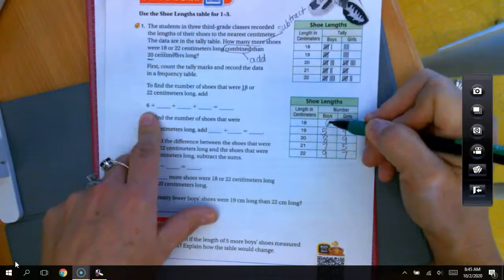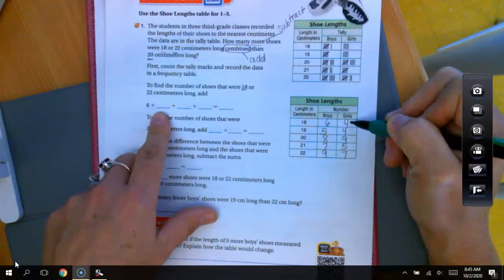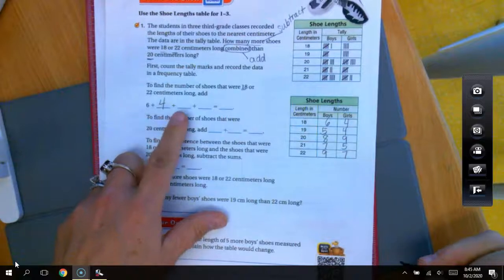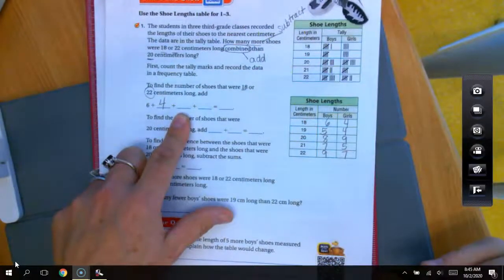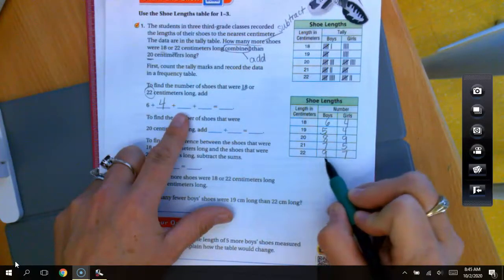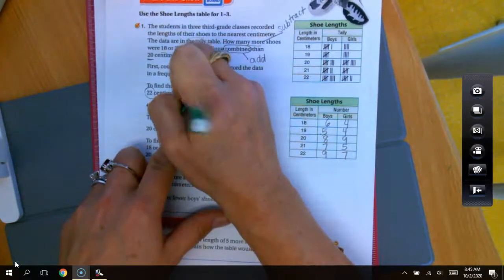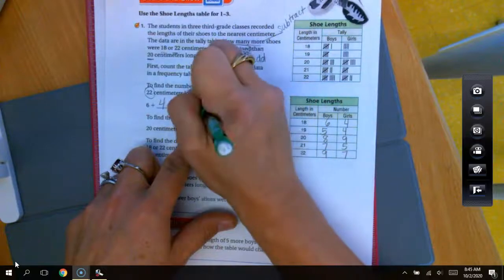So I'm going to add 6 plus how many girls had the length of 18? 4. So we're going to put a 4 here. Now I need to find who had 22. Their shoe length was 22 centimeters. So I'm going to go down to my 22. For my boys, I had 9 boys had the length of 22. And I had 7 girls had the length of 22.